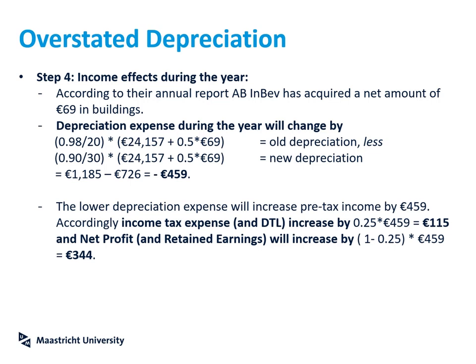And then the remainder will go to net profit and retained earnings. So pre-tax income is higher by 459. We have a 115 higher tax expense and DTL, and the remainder will go to net profit on our income statement and retained earnings on our balance sheet. So we will increase our net profit and retained earnings on our balance sheet by 344.